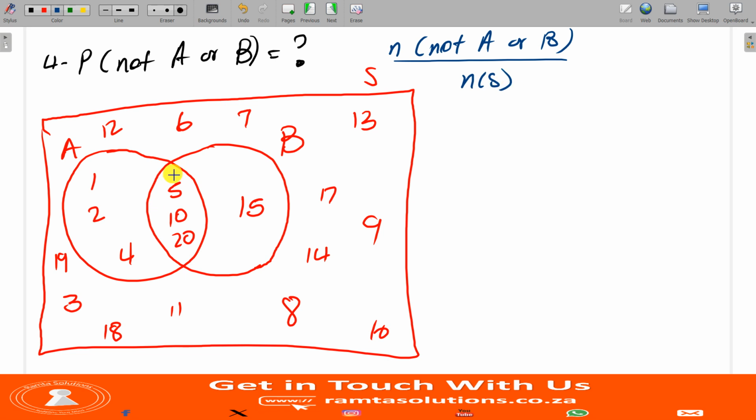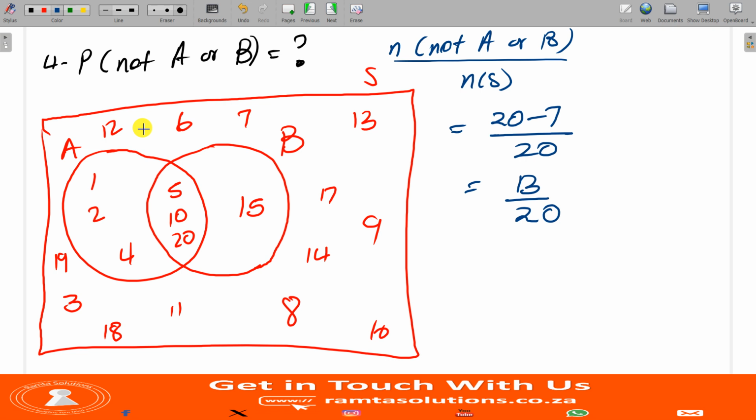Ask yourself, what is A or B? A or B will be 1, 2, 3, 4, 5, 6, 7. If it's 7 and the total is 20, what does it mean? It means you have 20 minus 7 over 20. What is this? This is 13 over 20.